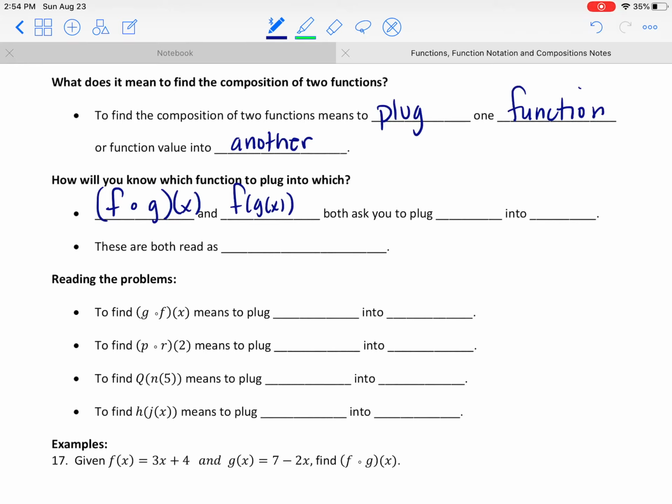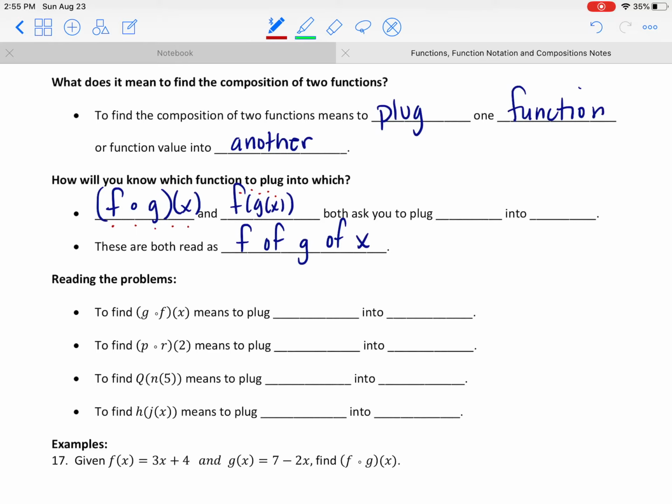Okay, so those are two different notations for how we would say f of g of x. So both are read the same way. Let me just read that again. So this would be read f of g of x, or f of g of x. So you're sort of reading the parentheses or the little open circle there as the word of.